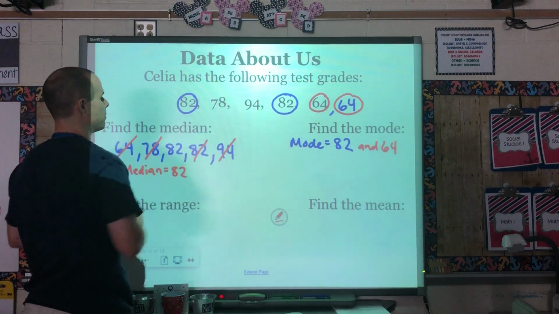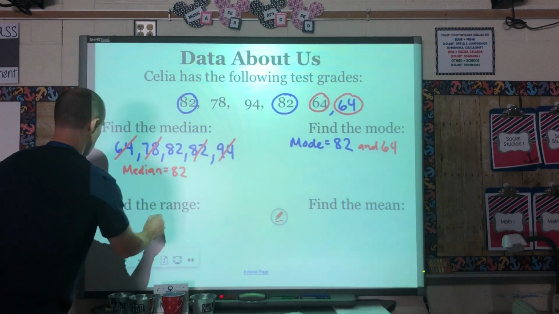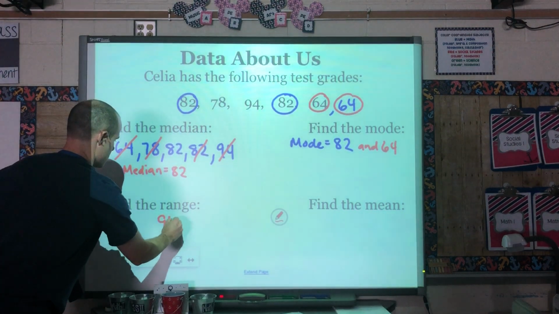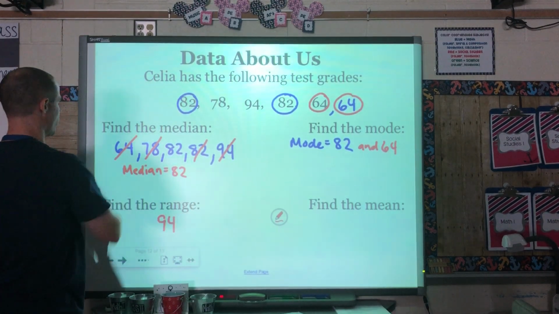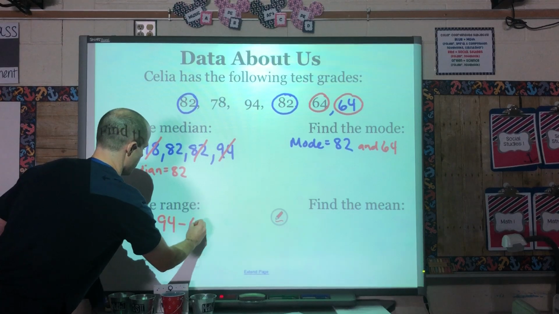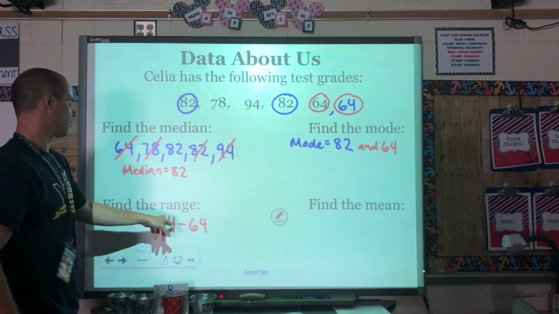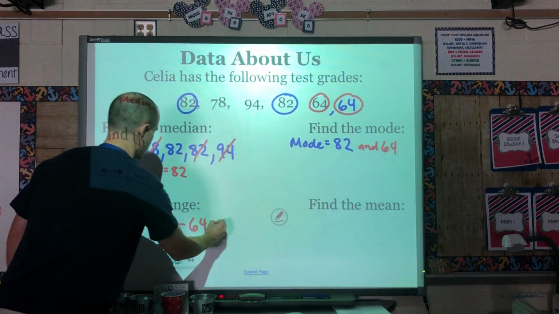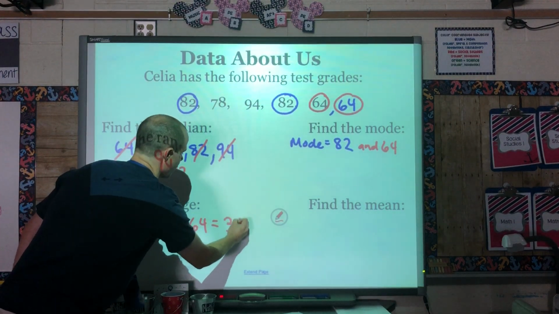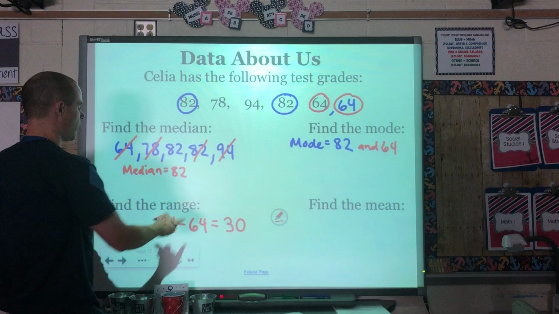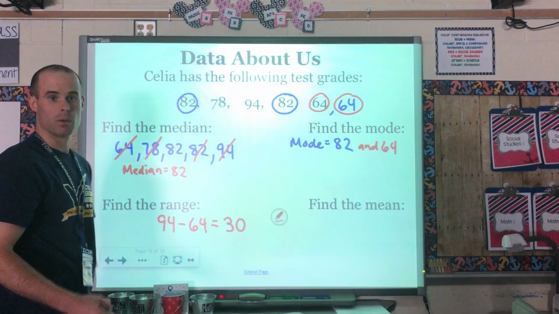My maximum data value was 94. That was her highest test score. And my minimum data value was 64. So we want to find the difference between them, so we're going to use subtraction. 94 minus 64 gives us a difference of 30. So in this case, the range of our data would be 30.